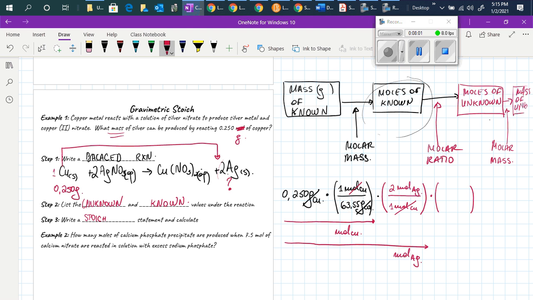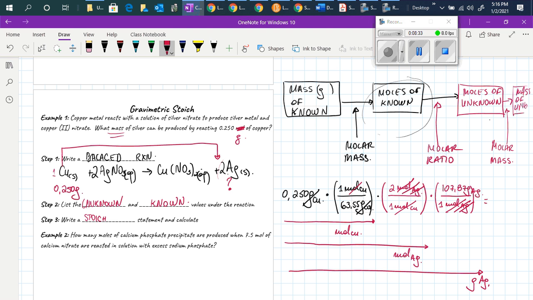The ratio we use is 107.87 grams of silver over 1 mole of silver, so moles of silver cancels out. After we perform these calculations, we have grams of silver, and this is what we were looking for.